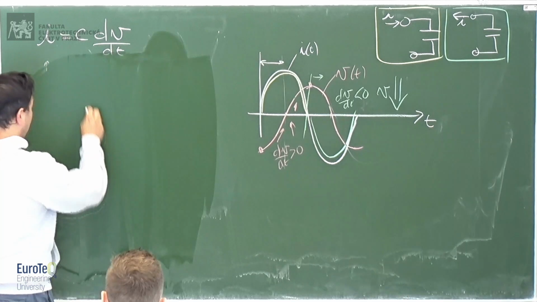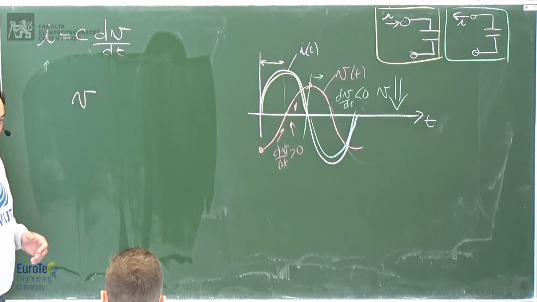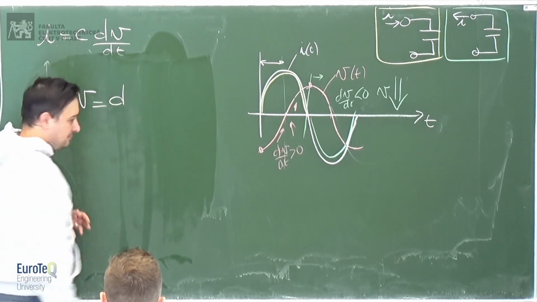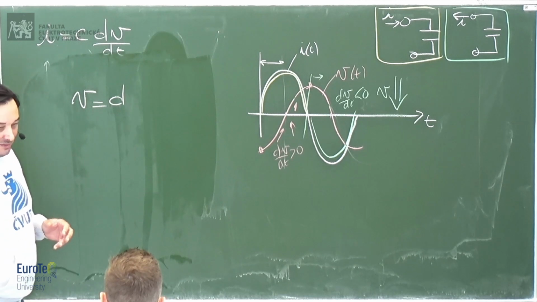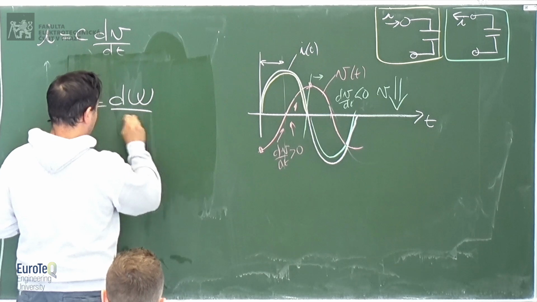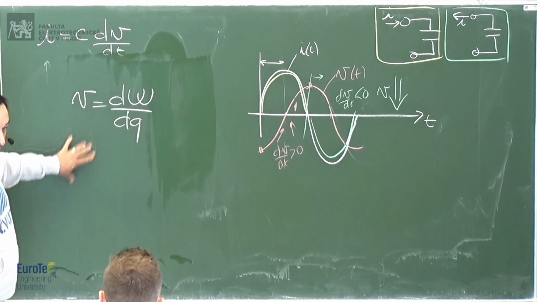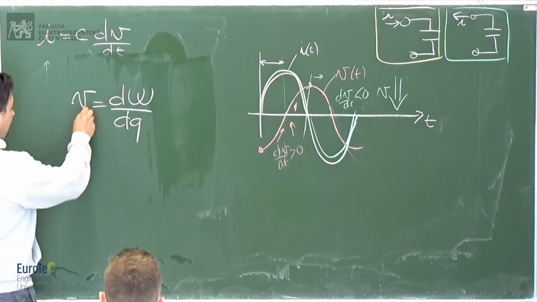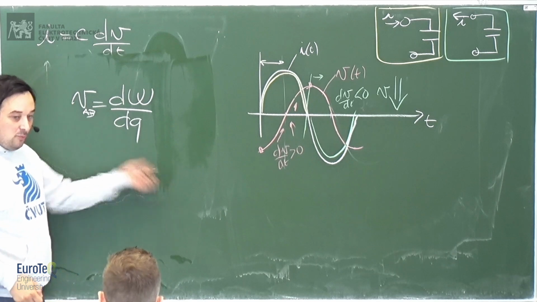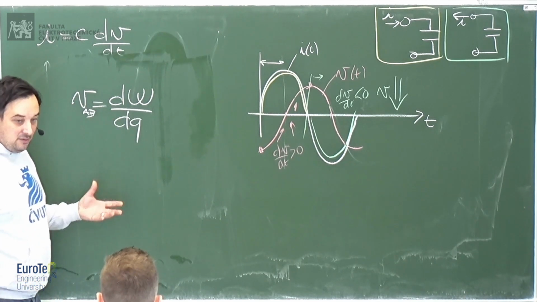So the voltage is the work done to move a charged particle. Let's say that the voltage between these two points, A and B, is the work you have to put into a charge to move the charge from point A to B, divided by the charge itself.